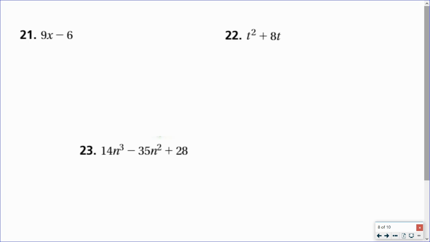Okay, so now let's try this one. Let's see here. No letters, but 6 is 6 and 3, 2, 1. 6 won't go in there, but 3 will. 3 goes in 9 3 times with x, and 3 goes in 6 2 times.